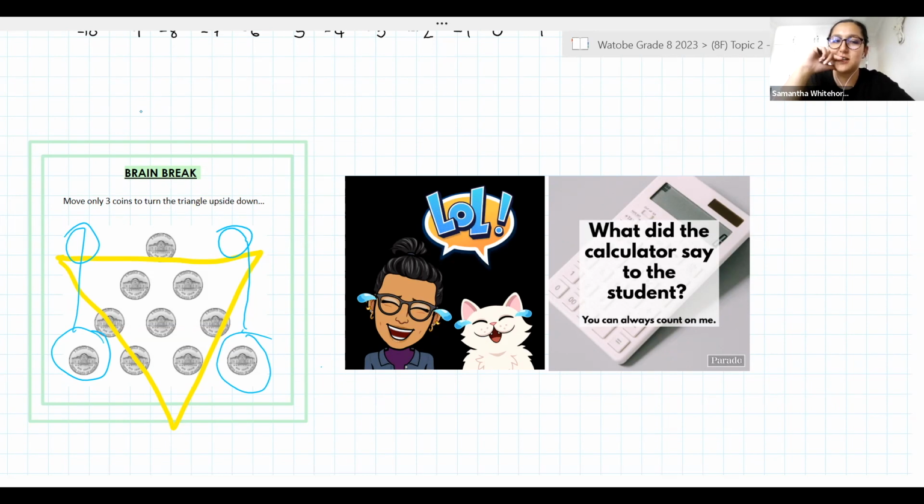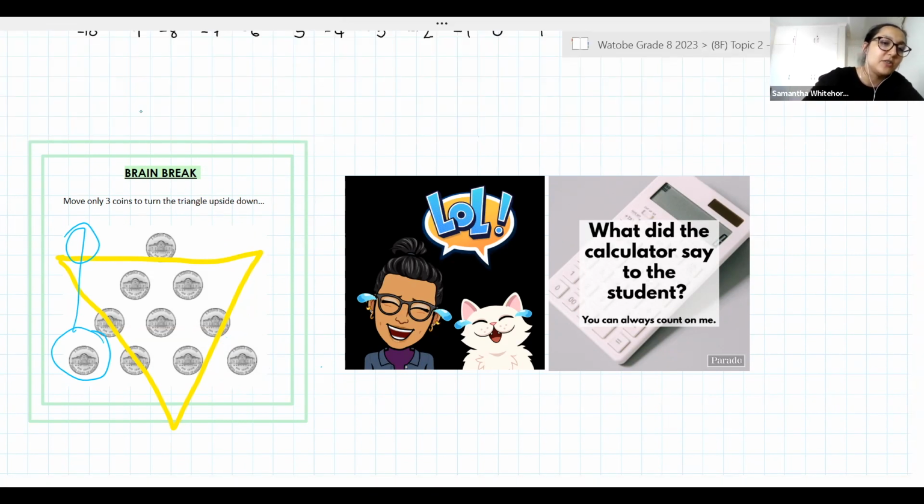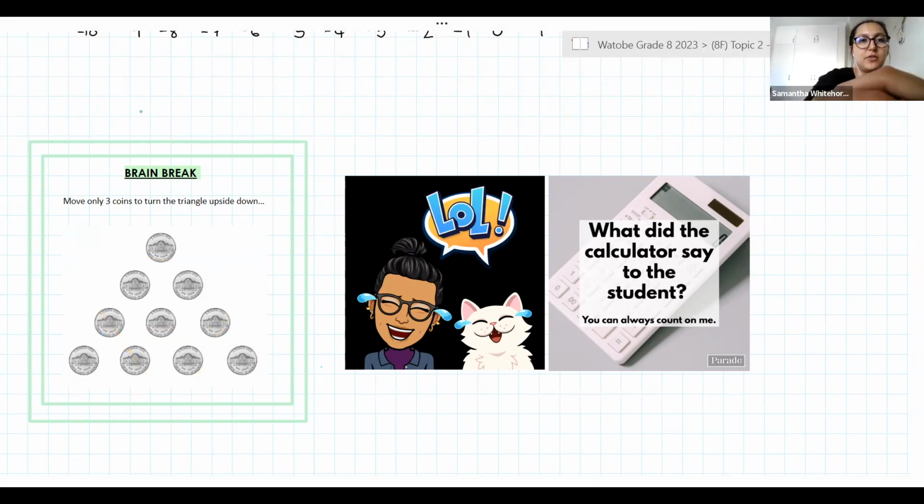Any other suggestions, guys? Okay, so if you look at my beautiful yellow triangle that I've drawn here, I'm just gonna try go with that. And then I took the yellow triangle off.